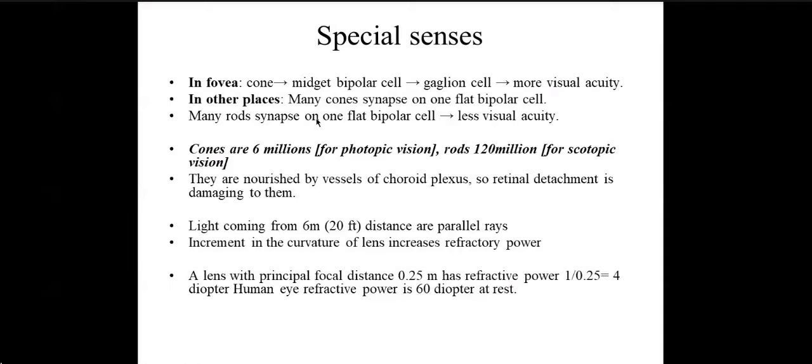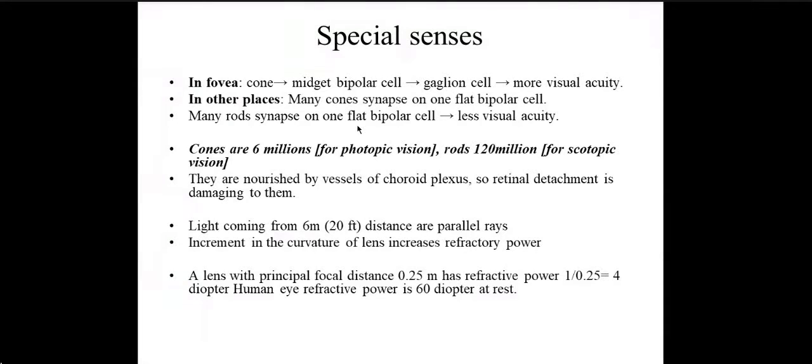Many rods synapse on one flat bipolar cell, so the visual acuity is lesser. For acuity of vision, cones are important, and for dim light vision and field of vision, rods are important.